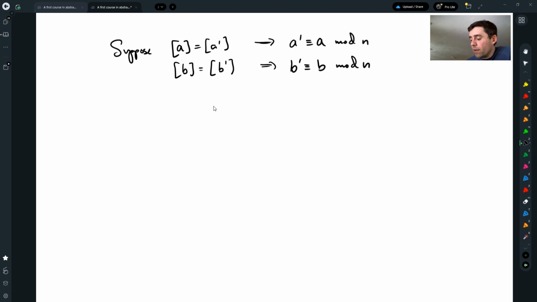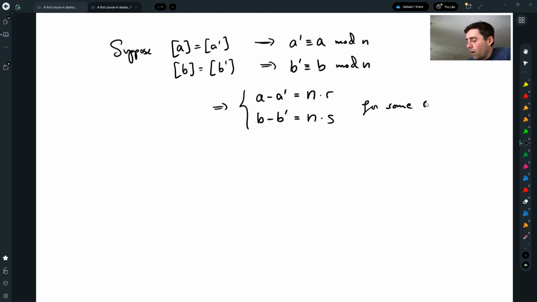And that implies then that A minus A prime has to be a multiple of n. I'm going to call it, say, n times r. And B minus B prime has to be a multiple of n. I'm going to call it s, for some r and s integers.